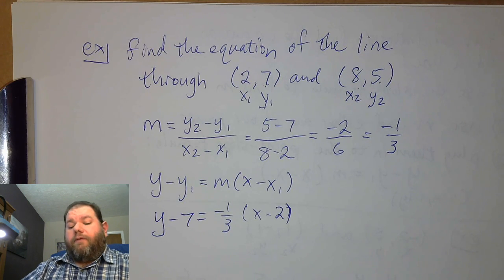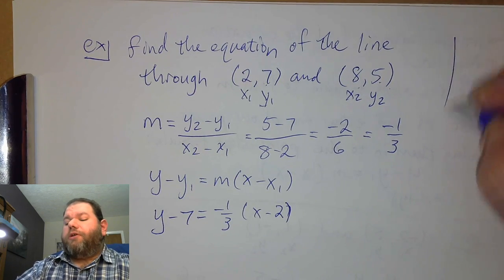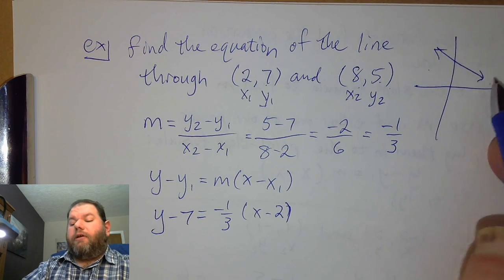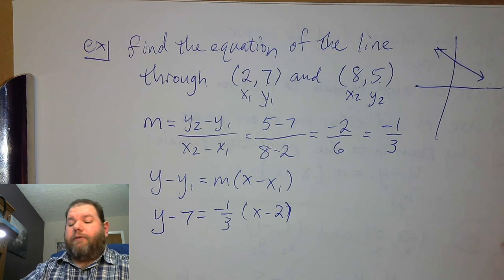Visually, a slope is negative if it's sloping downward as we go from the left to the right. The downward slope has a negative slope.